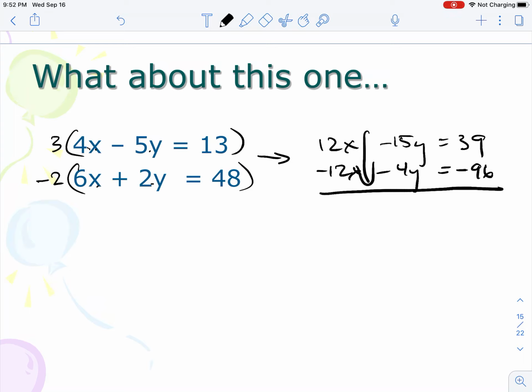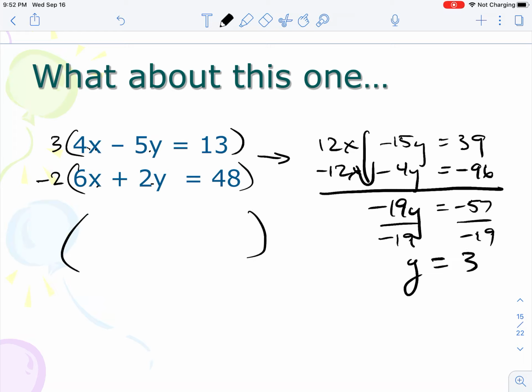When I add these columns, the x's go to 0. I end up with negative 19y, and here looks like that's going to be a negative 57. When I divide by negative 19, I end up with y equaling a positive 3.